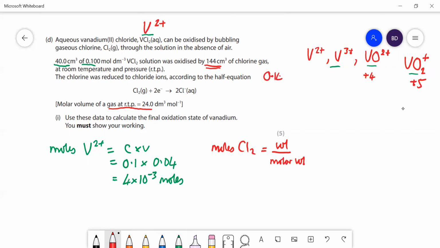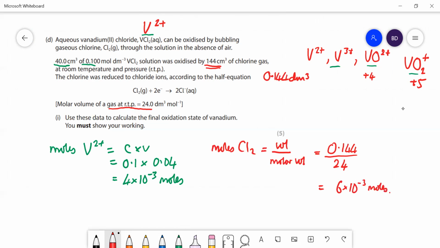That's 0.144 dm cubed, divided by 24. That gives us 6 times 10 to the -3 moles.